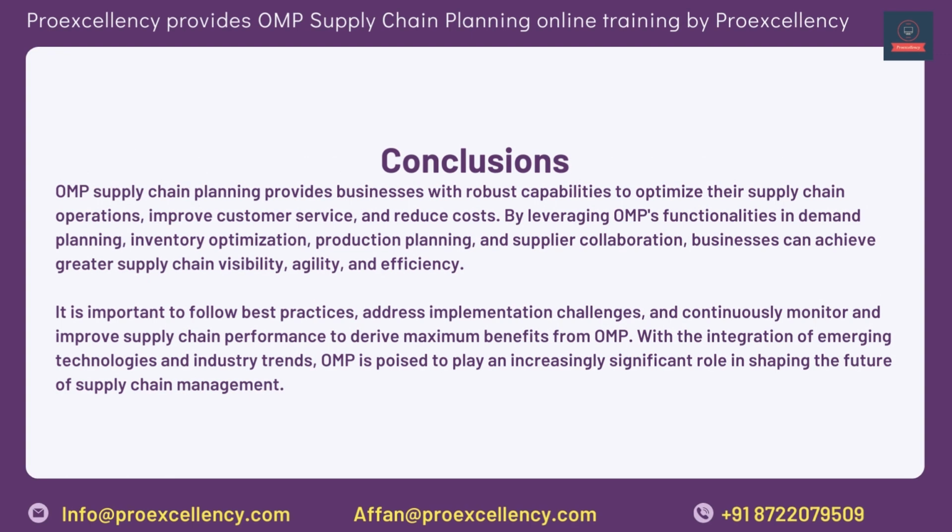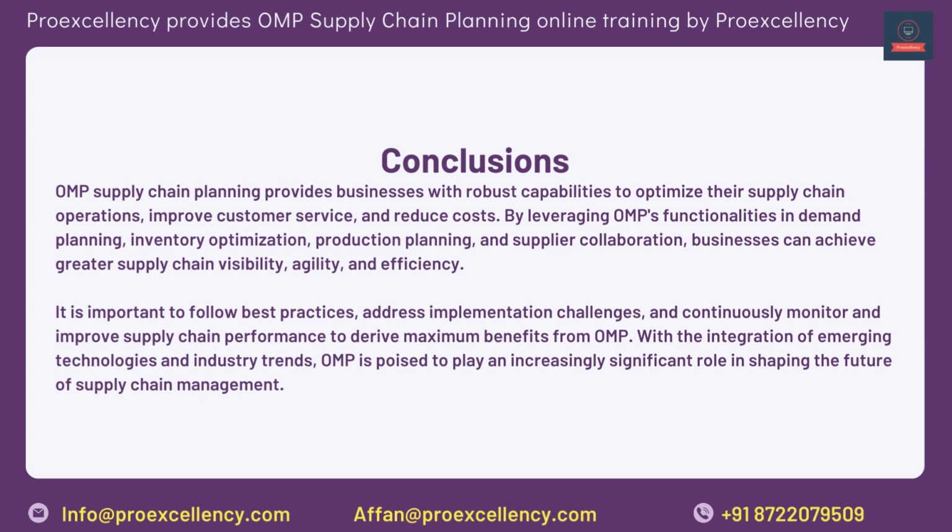Conclusions. OMP supply chain planning provides businesses with robust capabilities to optimize their supply chain operations, improve customer service, and reduce costs. By leveraging OMP's functionalities in demand planning, inventory optimization, production planning, and supplier collaboration, businesses can achieve greater supply chain visibility, agility, and efficiency.